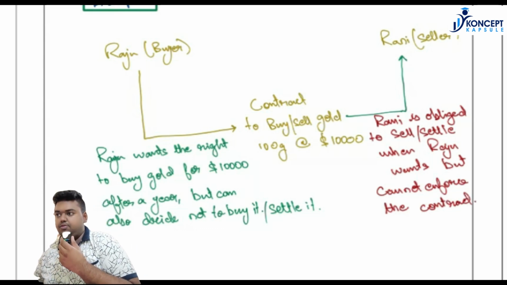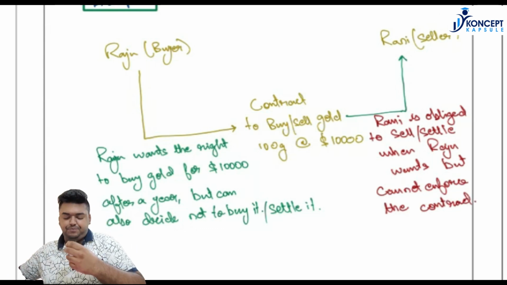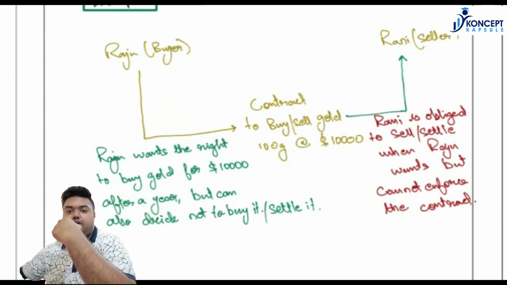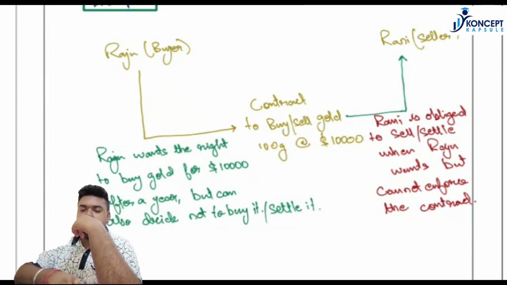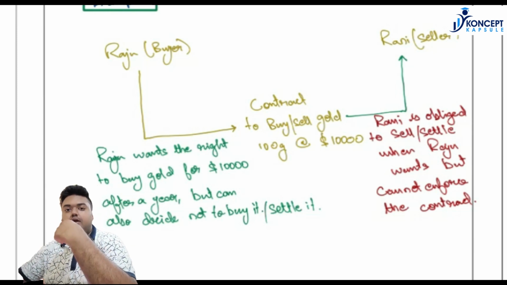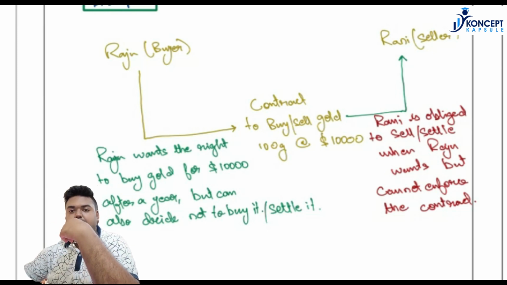So here we have seen that Raju has taken the right and Rani has taken the liability. Now, without thinking much about why Rani will give all the rights away, or why Raju will need all the rights, just bear with me for a couple of minutes and we will see.